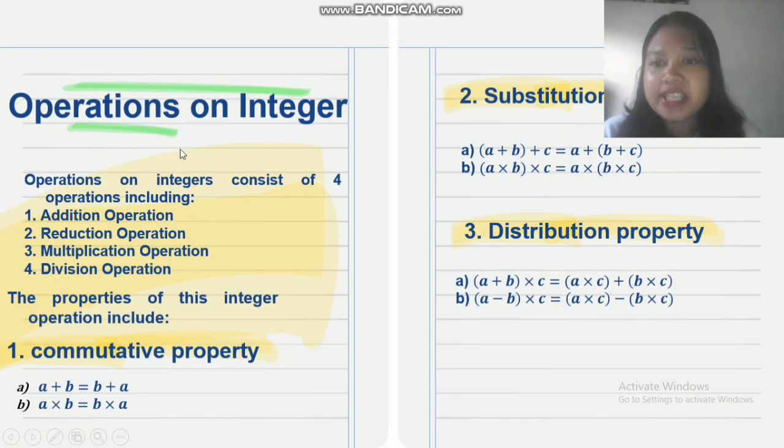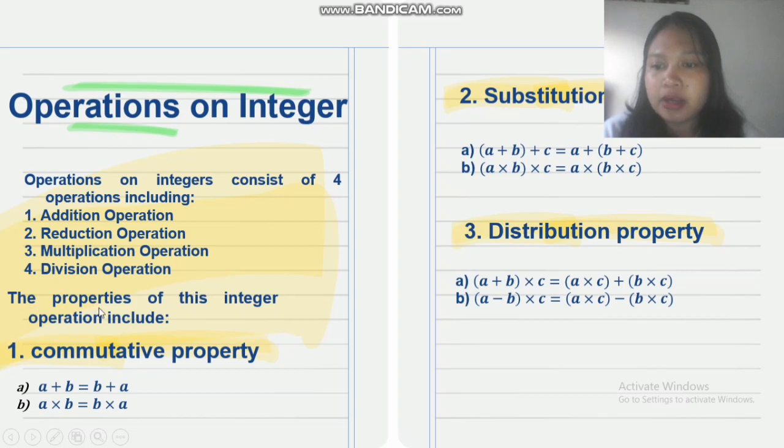Next, operations on integers. The operations on integers consist of 4 operations: 1, addition operation, 2, subtraction operation, 3, multiplication operation, and 4, division operation.